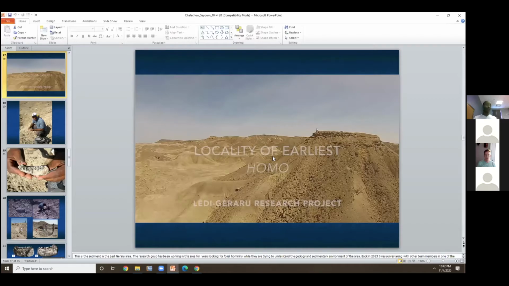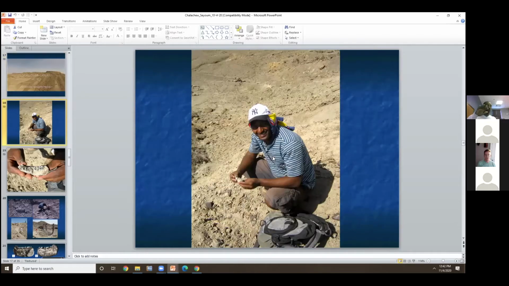One day we were surveying, and I was looking for fossils, like other days, on one of the hills, and I came across a shiny piece of a tooth that just caught my eye as I was walking.